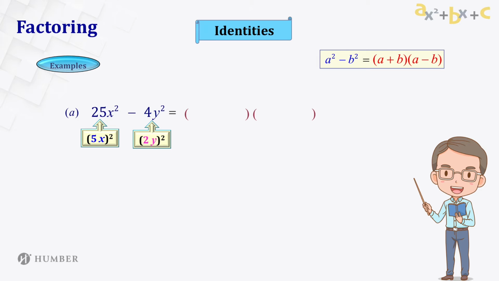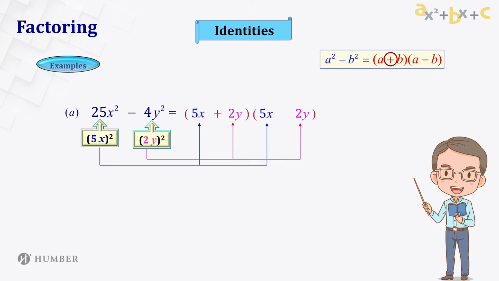For the left part of each bracket, write this as 5x and write 2y for the right parts of each bracket. Then, place a plus sign in one bracket and minus sign for the other bracket to complete factoring. So the answer should be bracket 5x plus 2y, bracket 5x minus 2y.